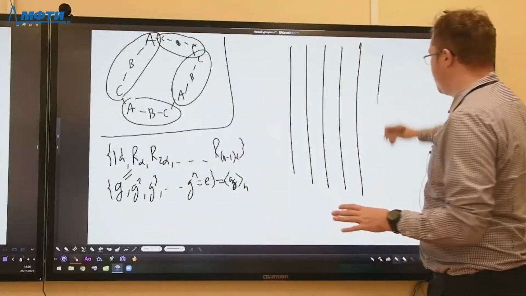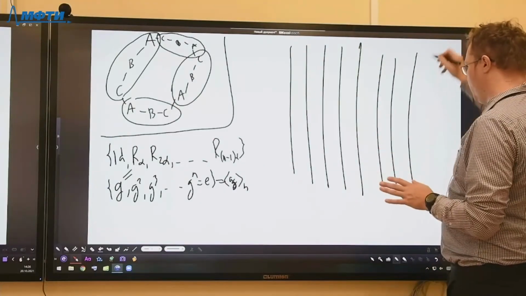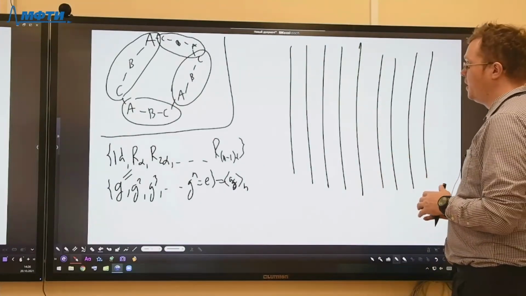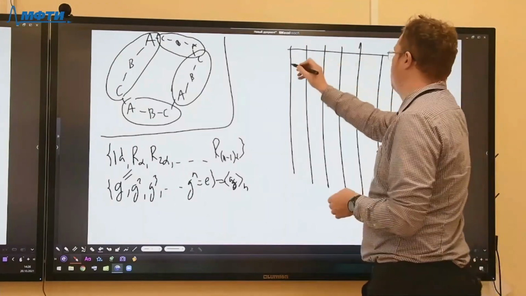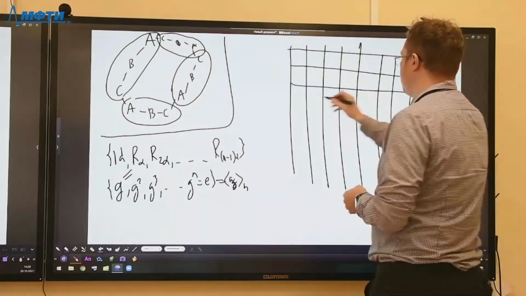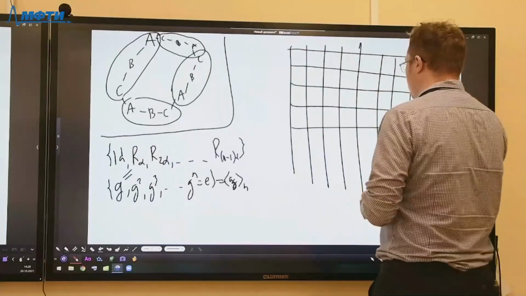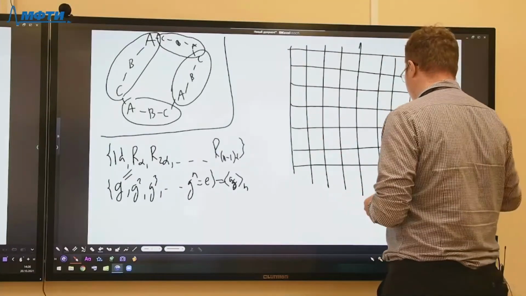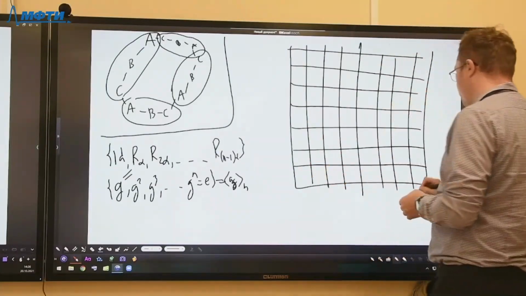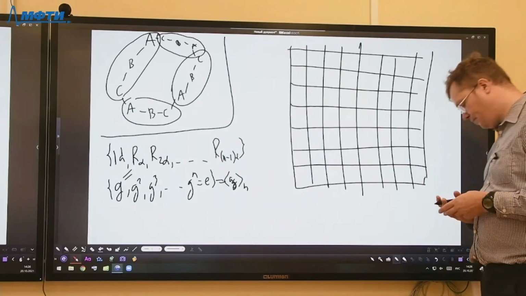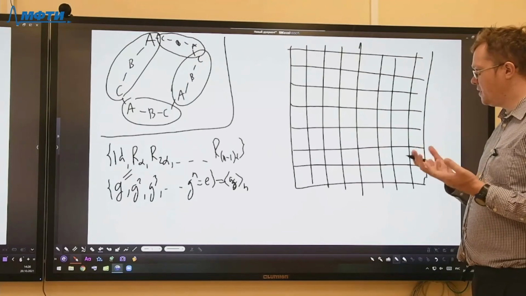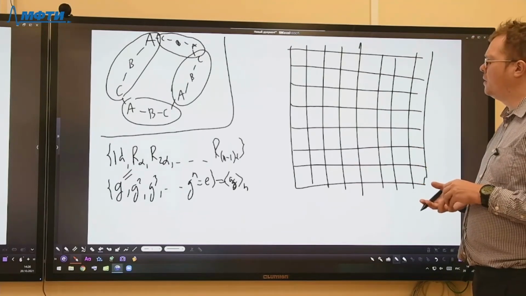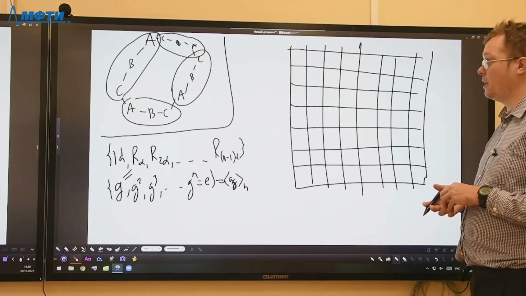I will explain the main idea, then I will write the formula for the smaller numbers, and then in the next lecture I will spend maybe an hour to explain how this correlates. So the main idea of calculating the number of necklaces is the so-called double counting, the method called double counting.